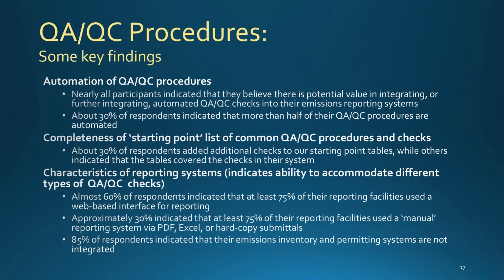There are some states that do a lot of these automated electronic checks, but there's some states that don't really do any at all. So there's a ton of potential benefit in consolidating and harmonizing those checks, especially when we're talking about data that's collected at the state and local level and then passed up to EPA and used for purposes at the EPA level.